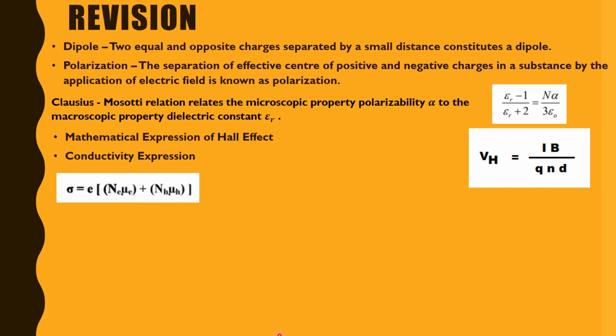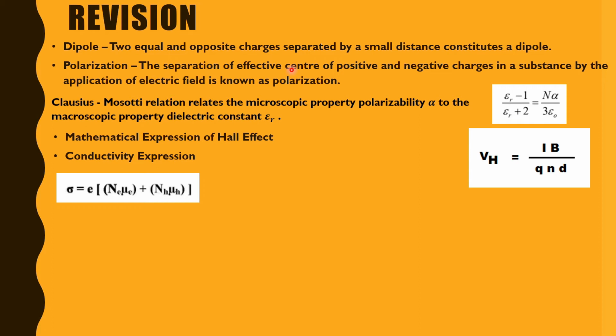That is known as a dipole. Next comes polarization. The separation of the effective centers of positive and negative charge in a substance by the application of an electric field is known as polarization. So when this dipole gets created due to the applied electric field, that is known as polarization.